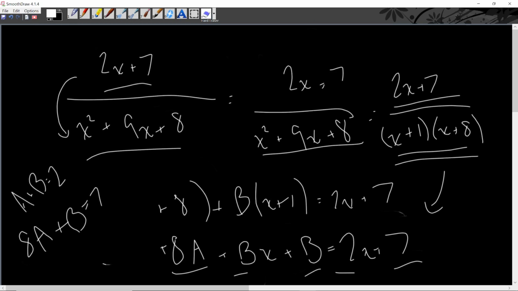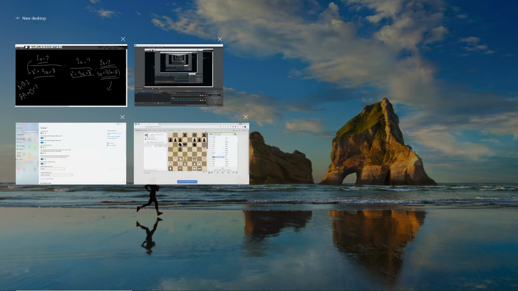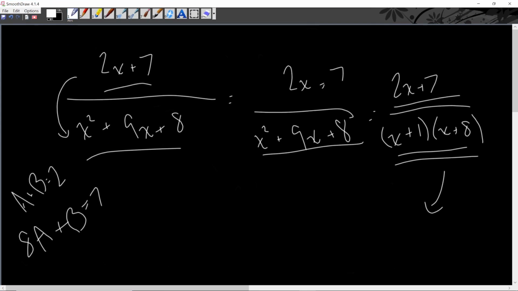Since this is a system of equations, we can simply subtract one expression by the other, and when we subtract them, we're just going to get negative 7a equals negative 5.